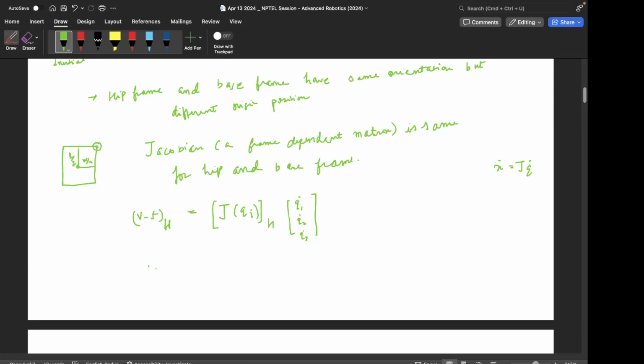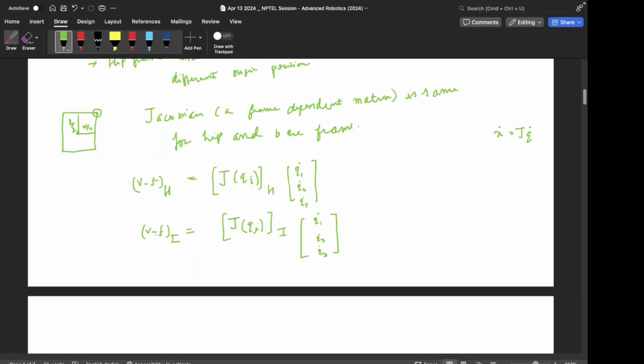If you wish to find it in the inertial frame, then you will have to express the Jacobian in the inertial frame, and the joint velocities will remain the same.